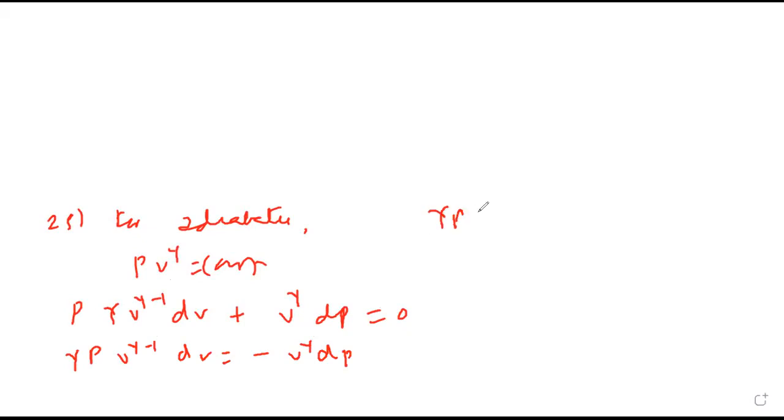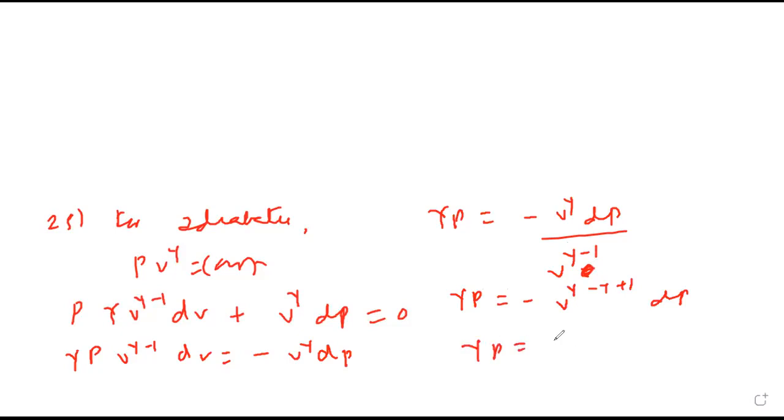So this will be gamma P equals minus V raised to gamma dP upon V raised to gamma minus 1 dV.